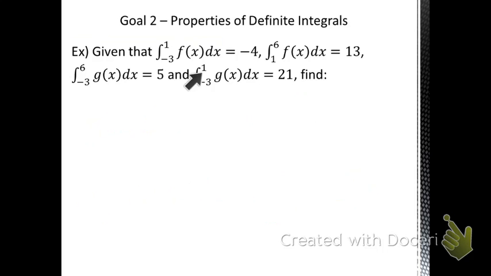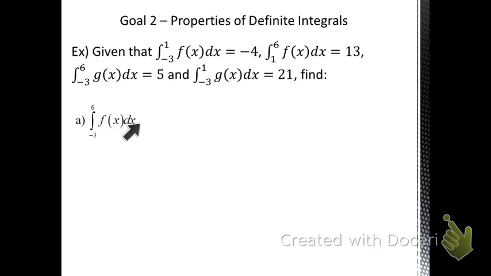I have here a series of definite integrals for which I've given you the values. You can read over those in the instructions, and using those definite integrals, we're going to find some other definite integrals. Starting with here the definite integral from -3 to 6 of f of x dx. Now you see that 2 of my 3 definite integrals involve function f, the other 2 involve function g.